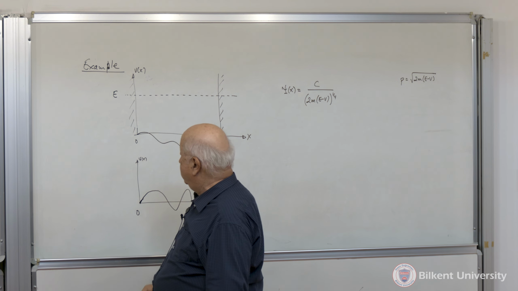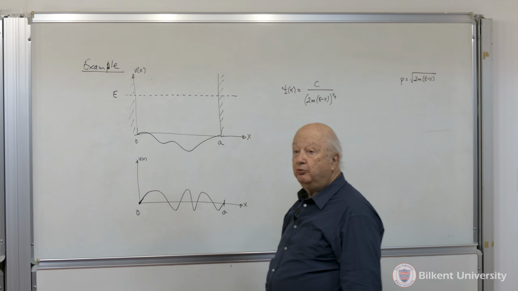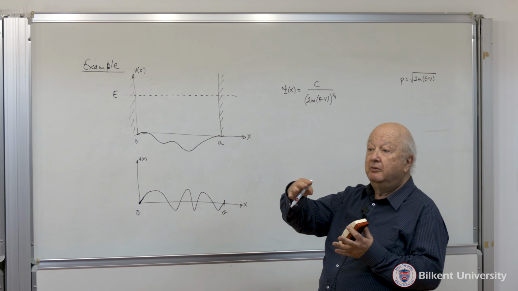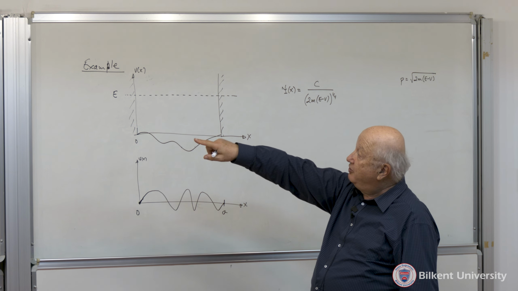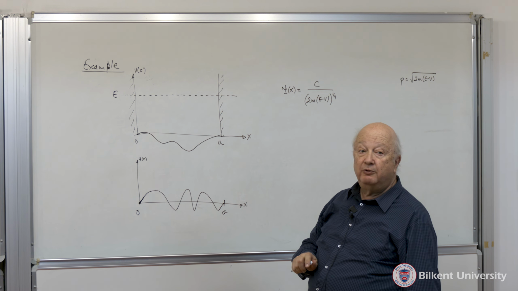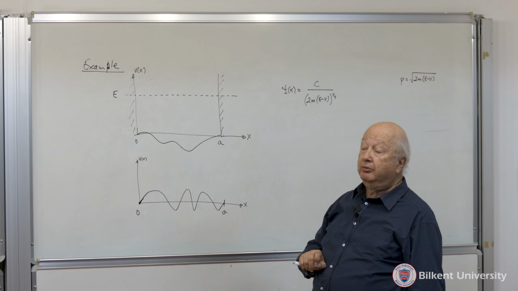But I want the wave function to go to 0 at x equal to 0, so I can form the proper linear combination which makes that equal to 0 at x equal to 0. So what do I do?